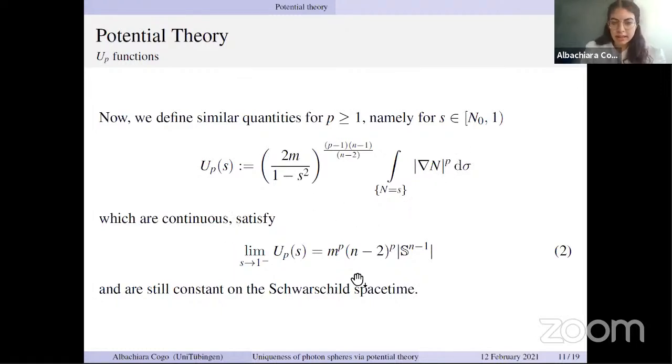So in this case, apart from the case p equal 1, at infinity we still have this behavior, this value as a limit, involving again the mass parameter and the volume of the (n-1)-sphere, but they are a priori not constant on each level set. It only happens in the Schwarzschild spacetime. So somehow these functions can be used to detect whether we are dealing with Schwarzschild or not.